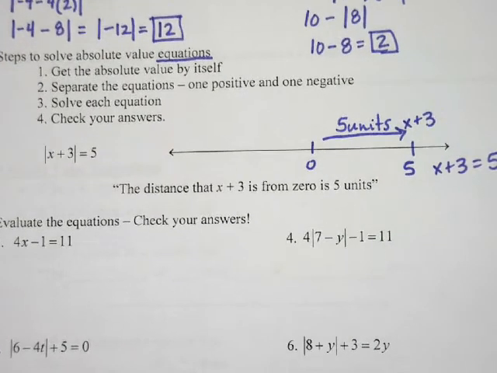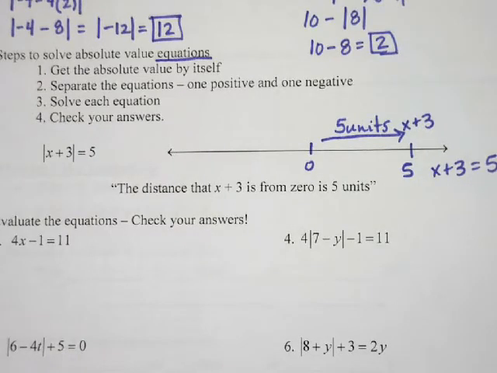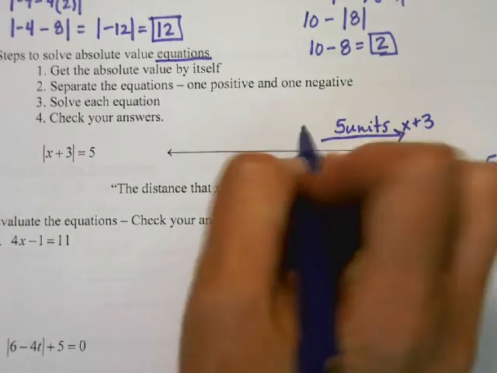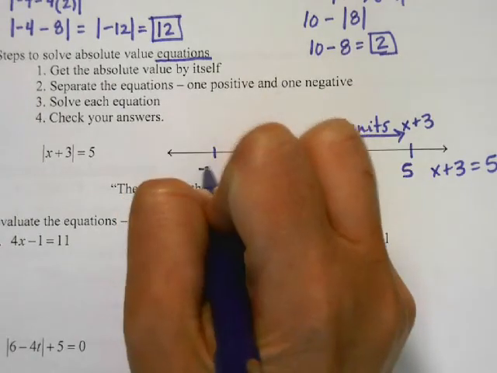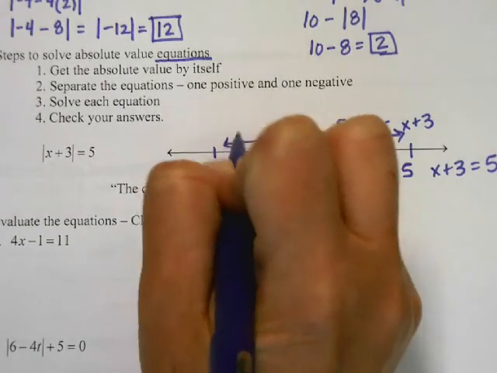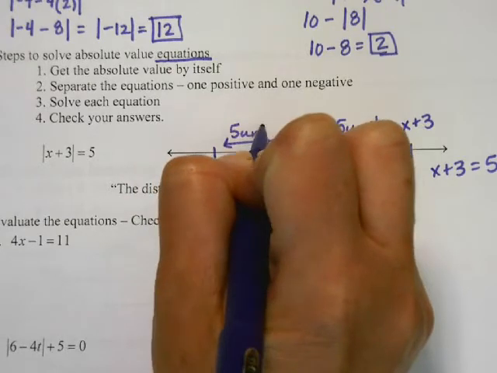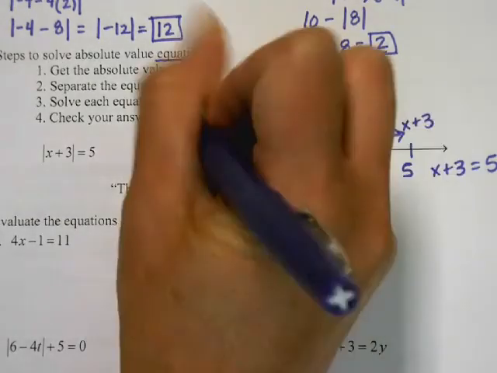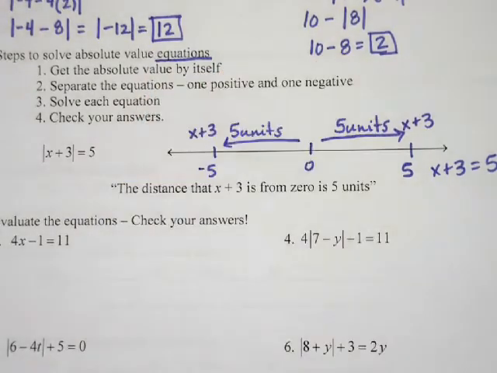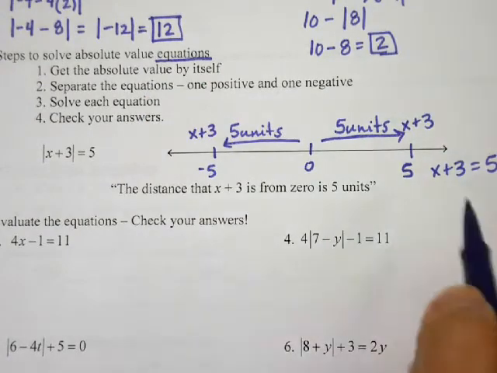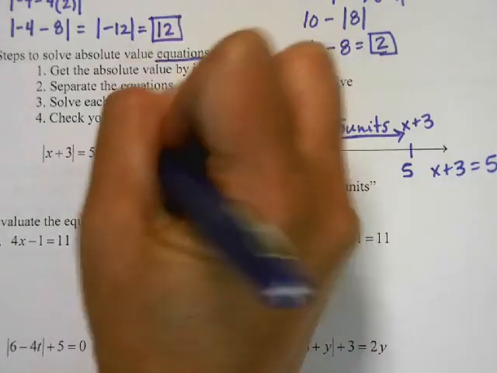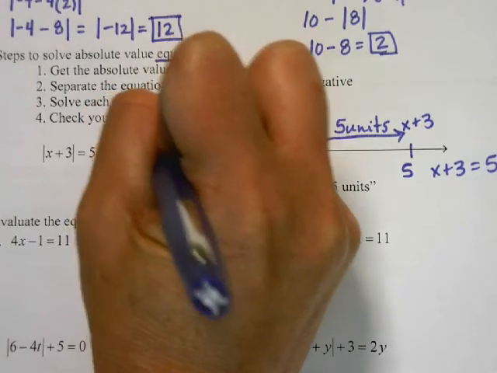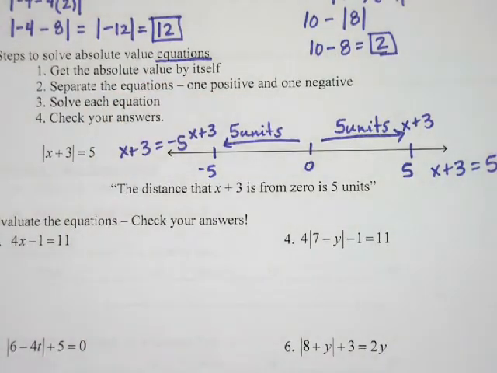Whoops. I wrote too big. Okay, well, I could go 5 units to the left and get to negative 5. That's also where x plus 3 is as well. So x plus 3 is equal to 5, or x plus 3 is equal to a negative 5.